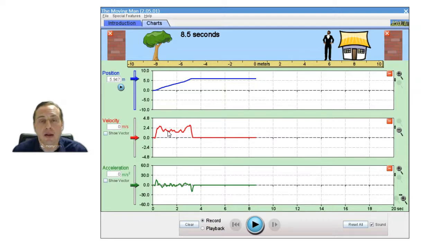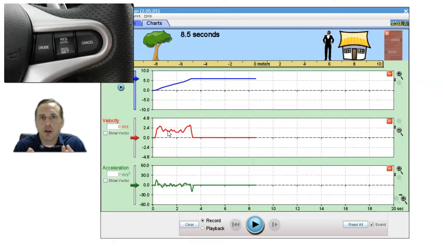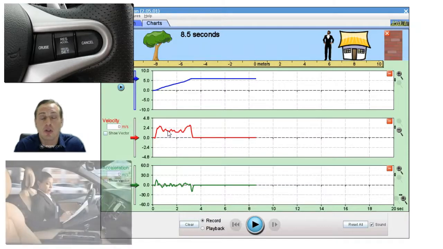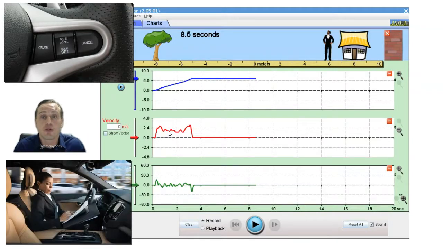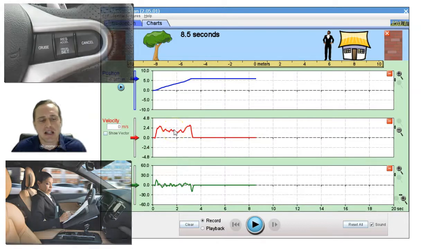Now, by the way, the closest thing you could probably imagine to this is cruise control, which tries to keep your car at roughly a constant velocity. That is, if you're not changing direction, by the way, on a road. Or perhaps a self-driving car could do that pretty well. But in practice, it's very hard to get the velocity exactly constant.